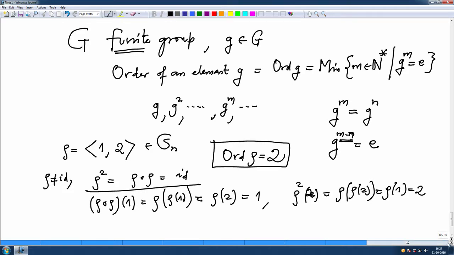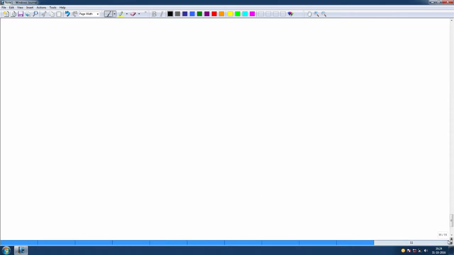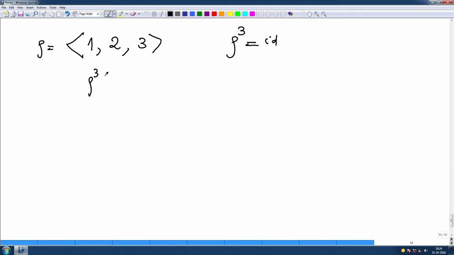Even if you do a 3-cycle, let us say (1 2 3), if this was rho, I will ask you to check that rho cube is identity. That is very easy to check. You just have to check on 1, 2, 3, because remaining integers are fixed. So you have to check rho cubed of 1.